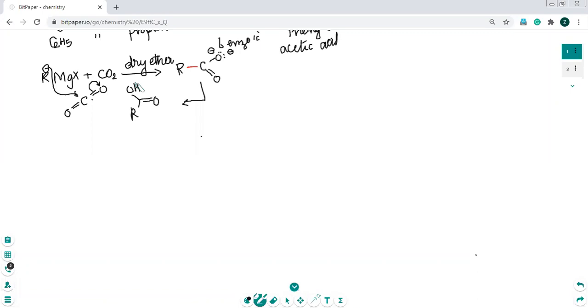A second method is that you can hydrolyze certain groups. The most important group for hydrolysis is CN, the nitrile group. If you hydrolyze this in acidic or basic condition, you have RCN.